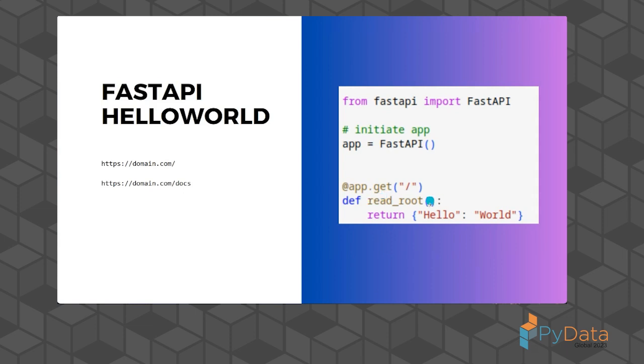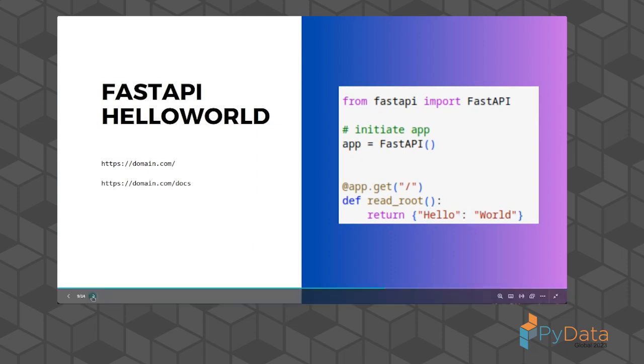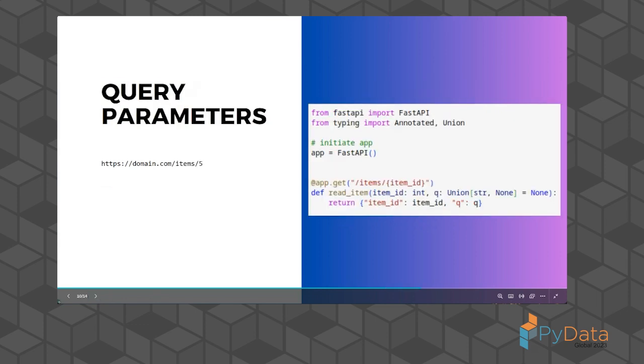It's not receiving anything, but it is returning a message. This dictionary in Python is automatically converted to JSON. This is part of FastAPI, so you don't have to worry about that. Everything is returned as JSON by default. So this is very simple, you can see.